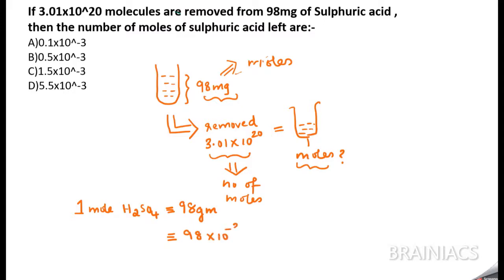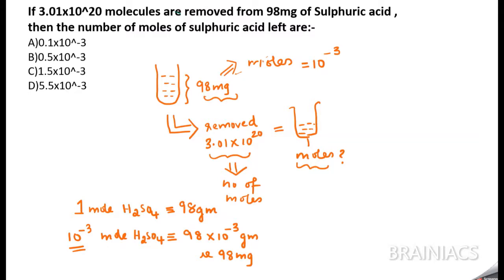So 98 into 10 power minus 3 gram, which is 98 milligram, multiply the LHS also by 10 power minus 3, so this becomes 10 power minus 3 mole of sulfuric acid. So 10 power minus 3 mole were there initially.